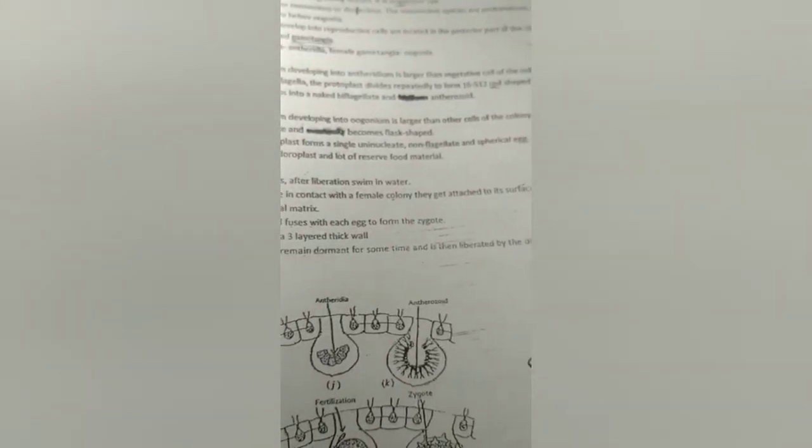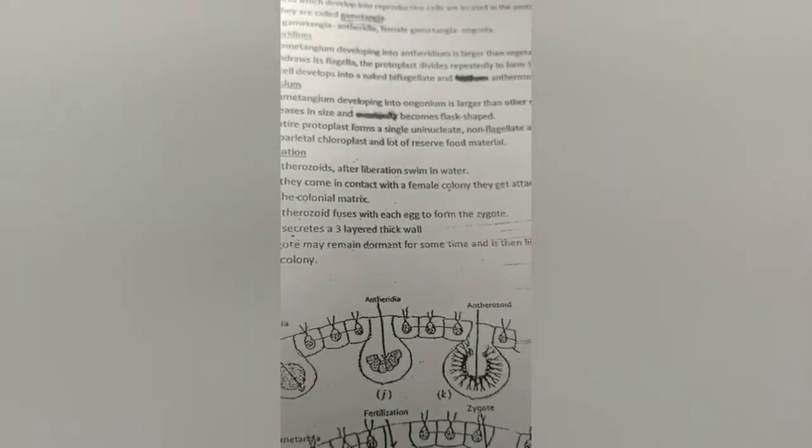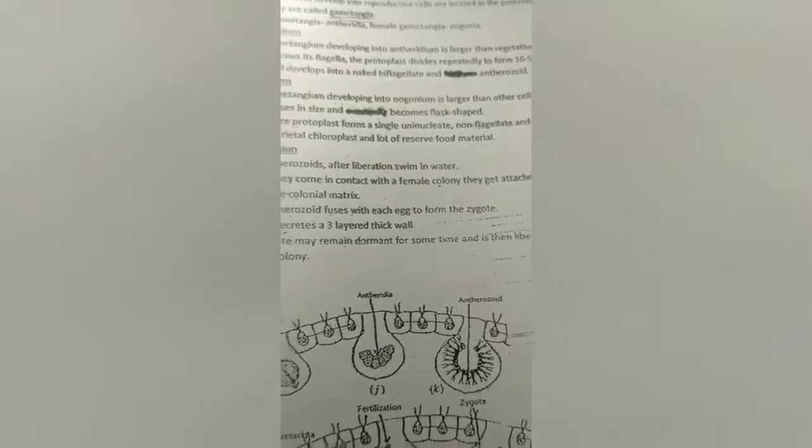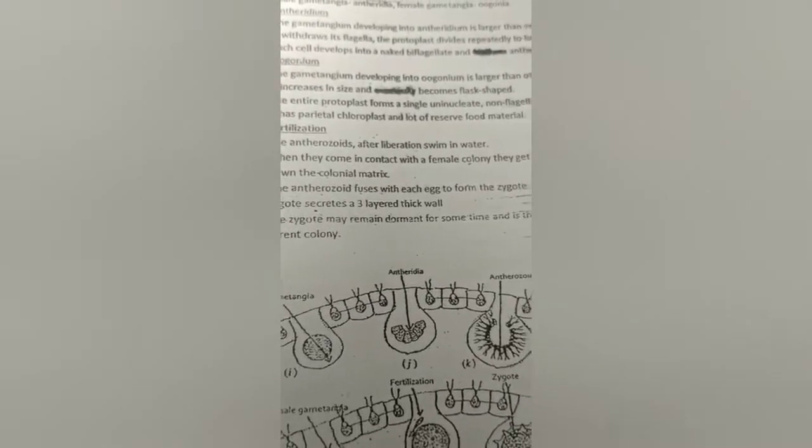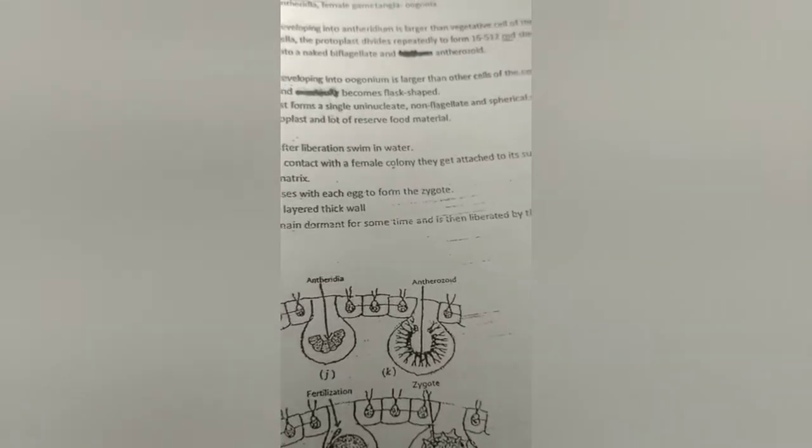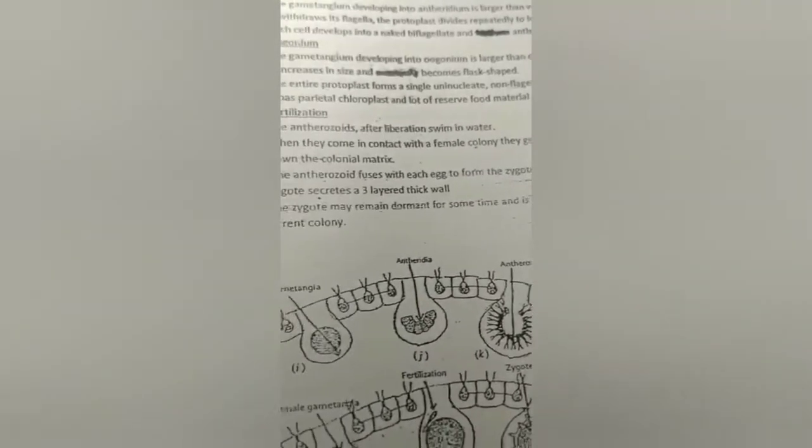It withdraws its flagella and the protoplasm divides repeatedly to form 64 to 512 cord-shaped cells. Each cell develops into a naked biflagellate antherozoid.